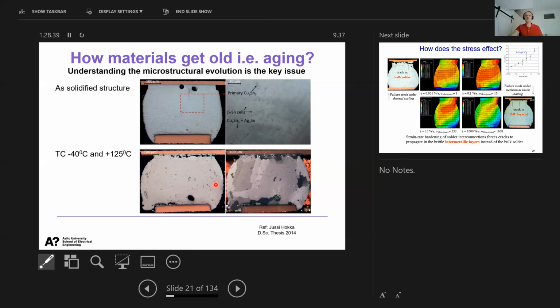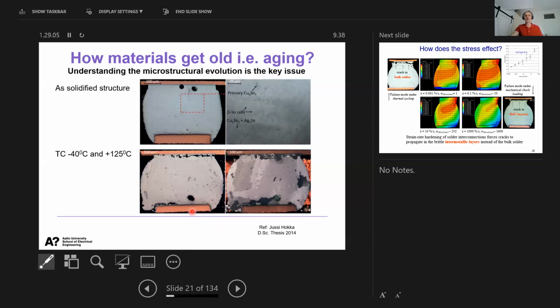It of course depends on what stresses we are imposing. In this case it was just dummy thermal cycling, so there was no electricity going through this bump, apart from a very small current so that one can monitor whether the bump is still working or not.